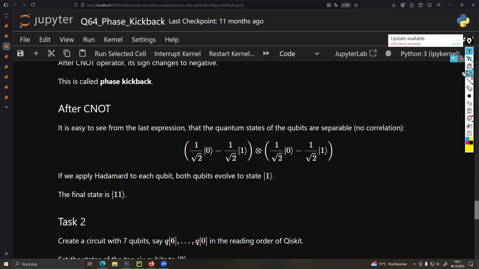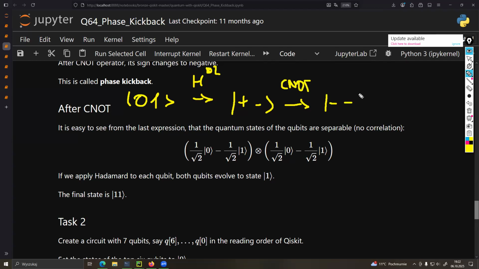In other words, what was my state? I went from 0, 1. Then I applied an H tensor 2 to my system. I had plus minus. I applied a C naught. I had minus minus then.